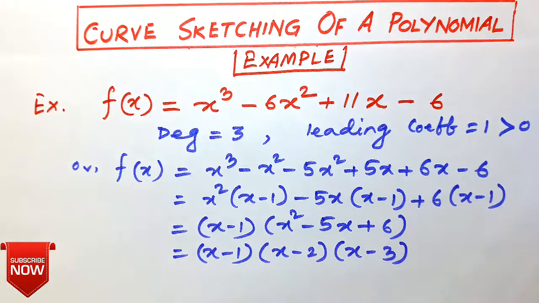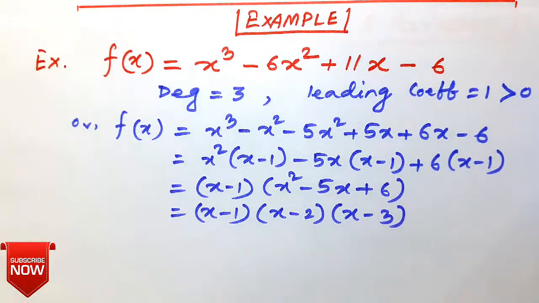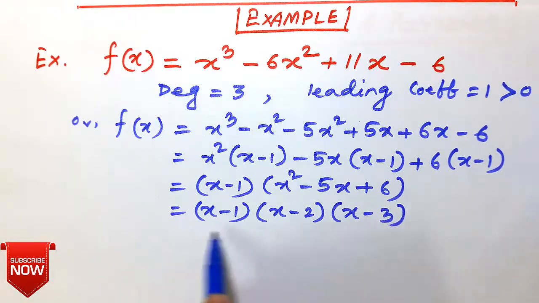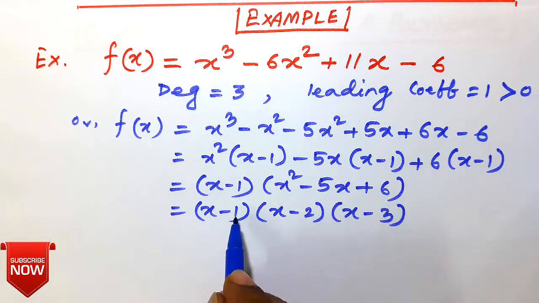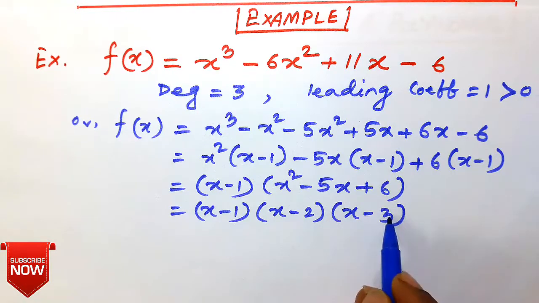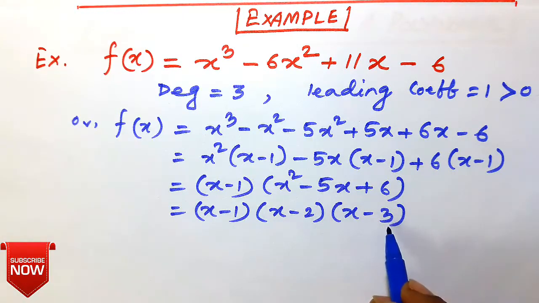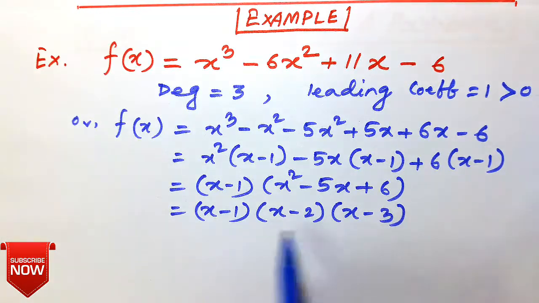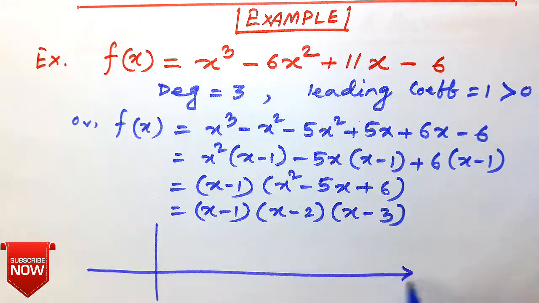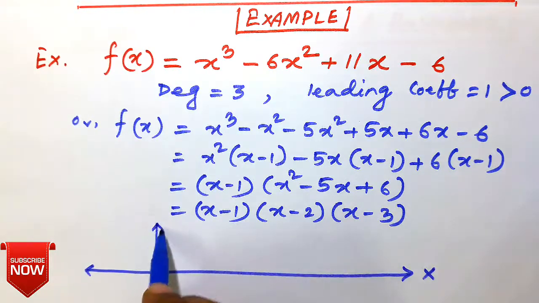So friends, from these factorized forms, we see that the critical points are respectively 1, 2 and 3. So first of all, we shall plot these points on the real line. So friends, we consider this is x-axis and this is y-axis.